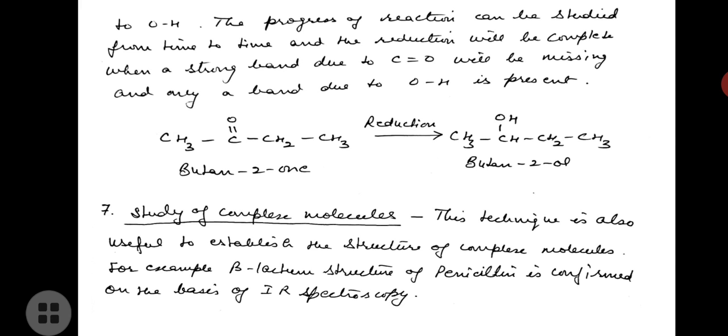Now, since penicillin gives a strong band at 1770 cm⁻¹, the beta-lactam structure of penicillin is confirmed. So we can easily confirm between the two structures of penicillin, the beta-lactam structure and the oxazolone structure, and clearly on the basis of IR spectroscopy, we can say that the beta-lactam structure of penicillin is the confirmed structure.